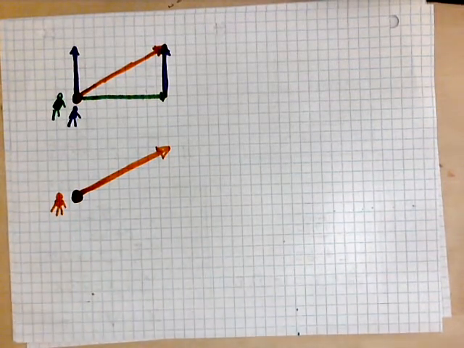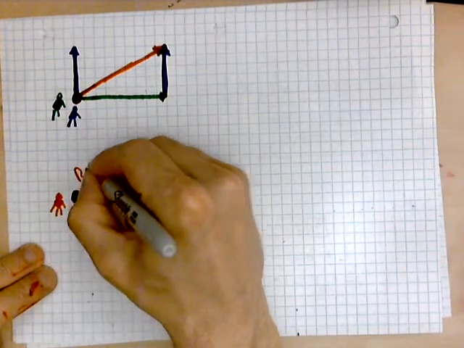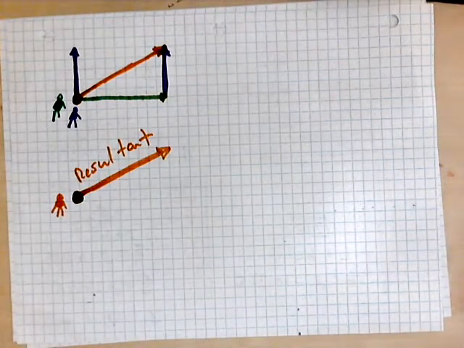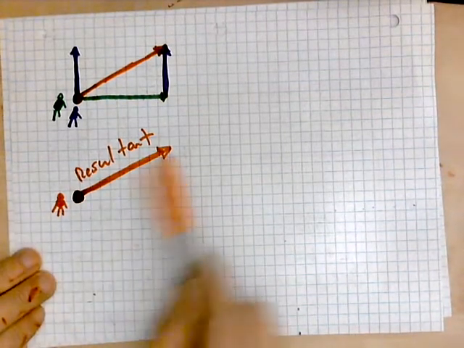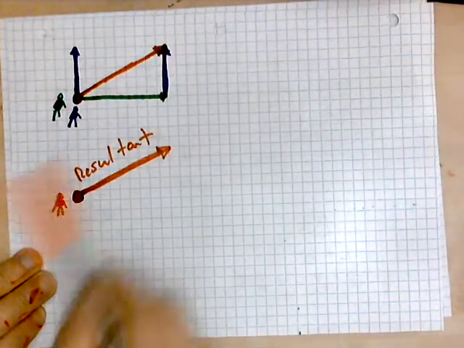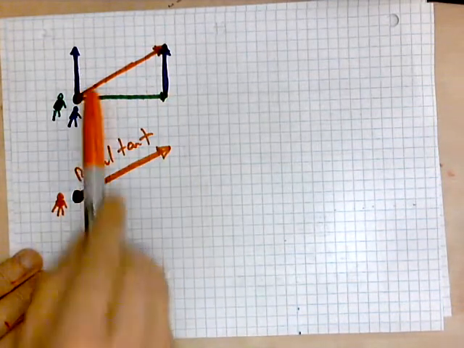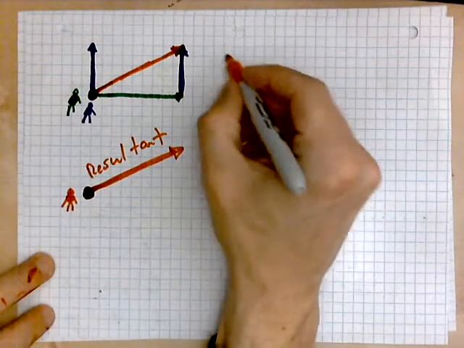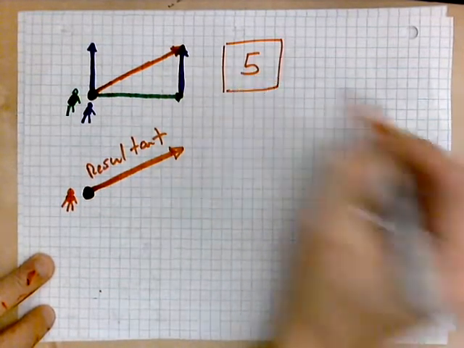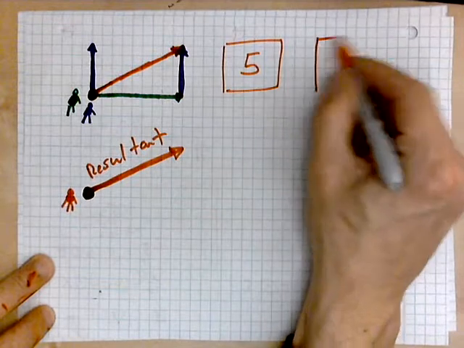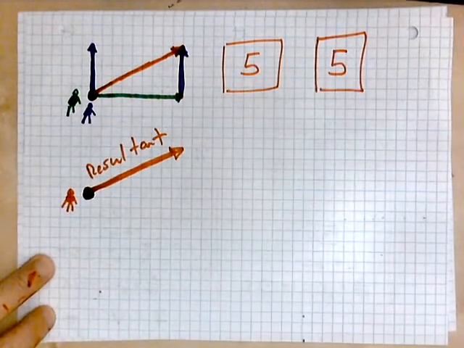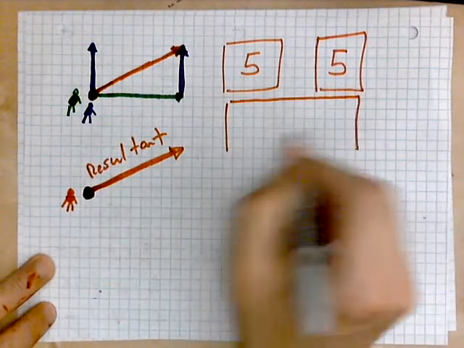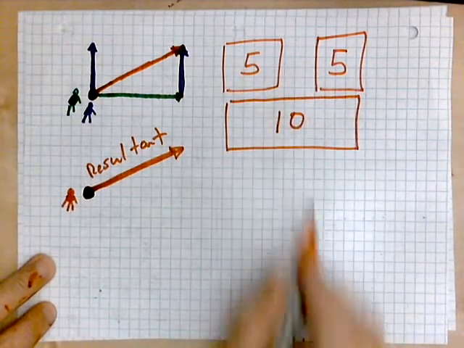You may want to label this resultant. This is the same as this one here. In other words, it has the same impact as the green and the blue combined together. This is no different from saying, if you get a bill for $5 and then you get another bill for $5, if you don't want to deal with two $5 bills, you can simply replace them with one $10 bill, right?